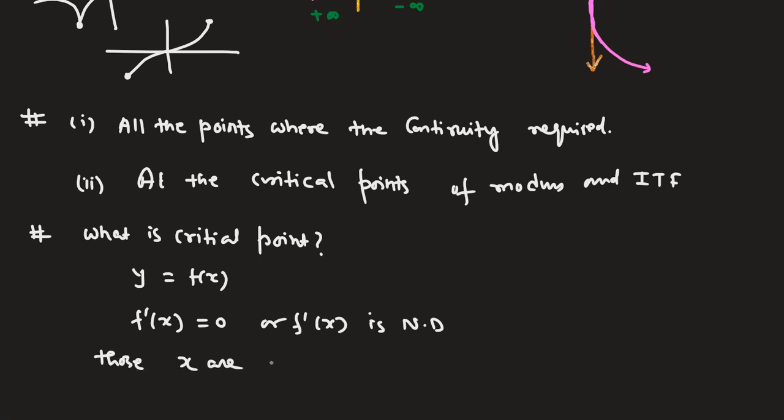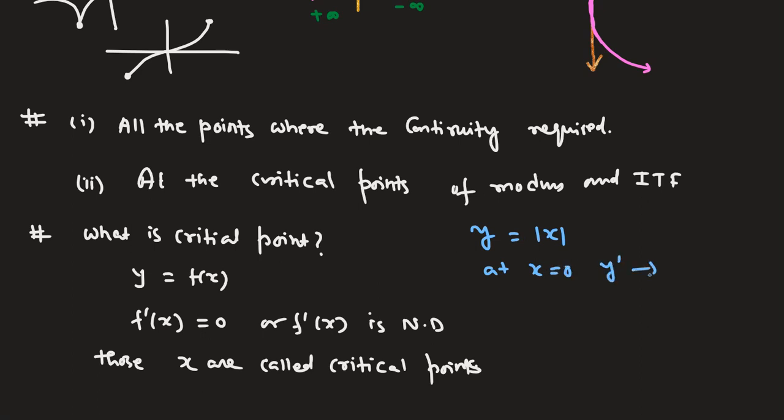Now take this example, y is equal to mod of x. Here you notice that at x equal to 0, the derivative y dash does not exist. So x equal to 0 is the critical point of this function.